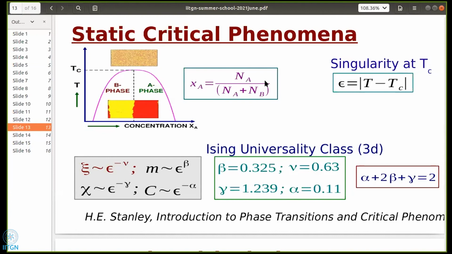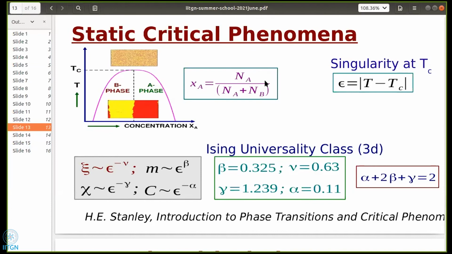Now let's ask the question: if I look at different static properties of the system, for example the magnetization, susceptibility, correlation length, specific heat, etc., how do they behave? The answer is that these properties exhibit singular behavior close to the critical point.